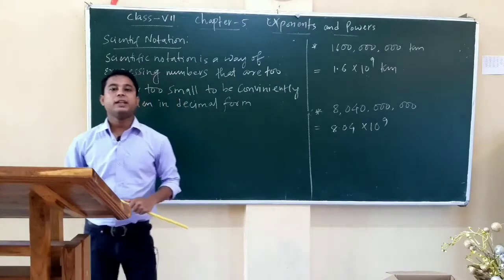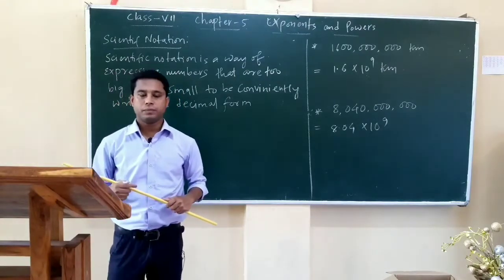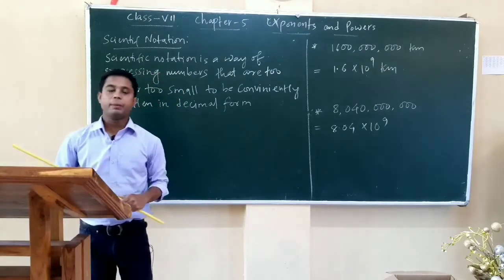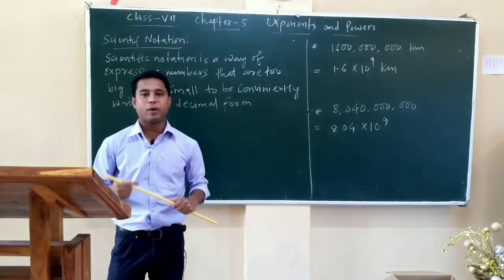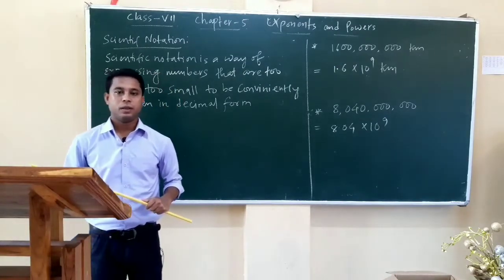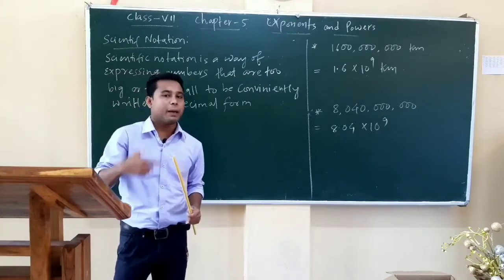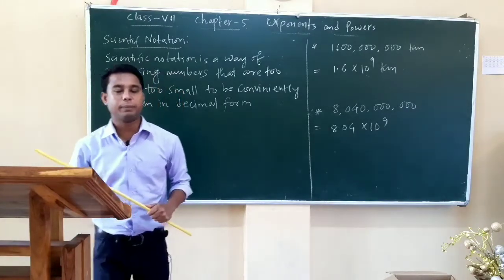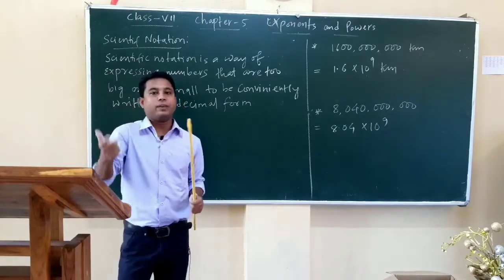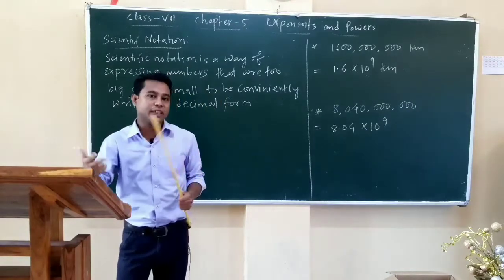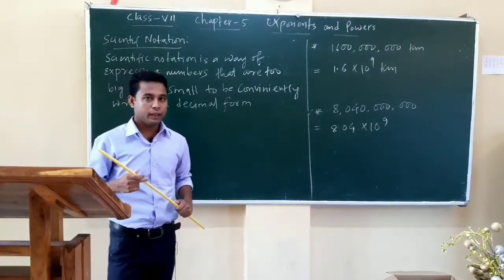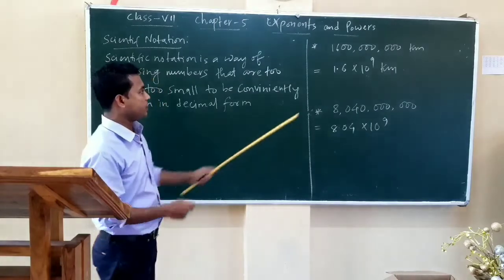A number is written in scientific notation when a number between 1 and 10 is multiplied by a power of 10. That means a number between 1 and 10 will be the first factor and the power of 10 will be the second factor.